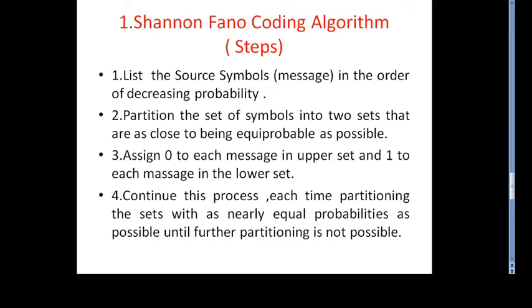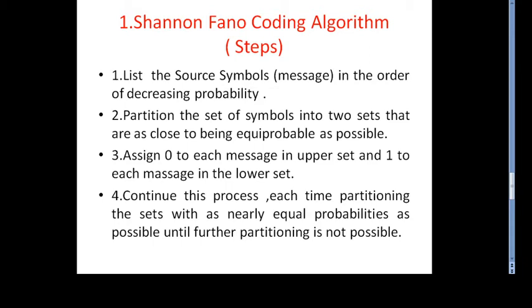First step, list the source symbols or messages in order of decreasing probability. Second, partition the set of symbols into two sets that are as close to being equiprobable as possible.